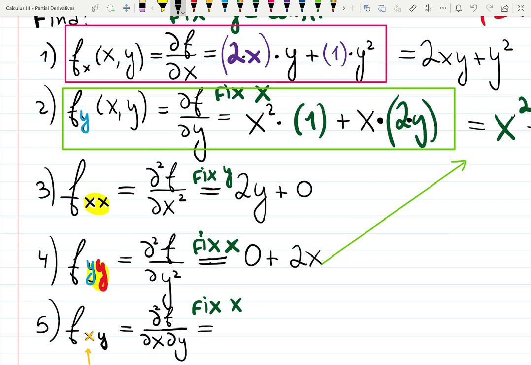Say it out loud in your mind, it might help you. What is the derivative of 2 times 10 y? 2 times 10, right? So it's going to be 2x. 10 is just an example. x is a constant, remember that. I'm fixing x. Plus y is the variable. What is the derivative of y squared? 2y. How about that?